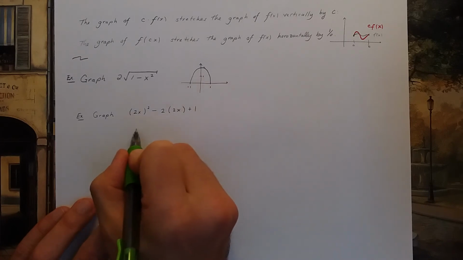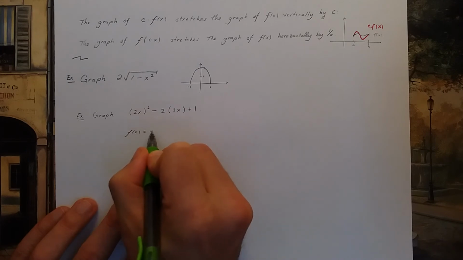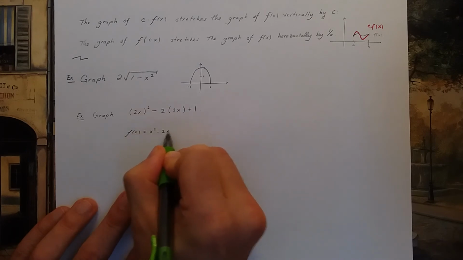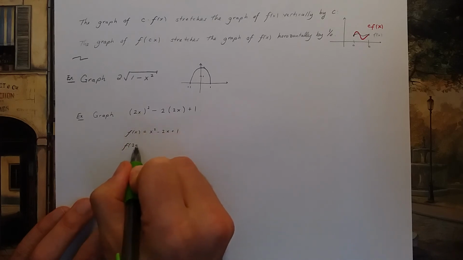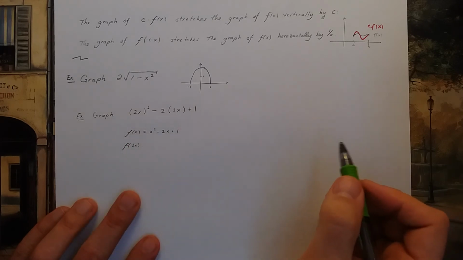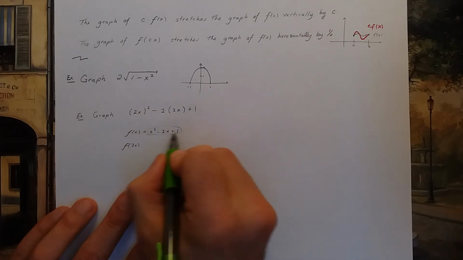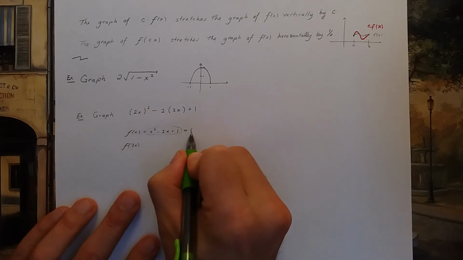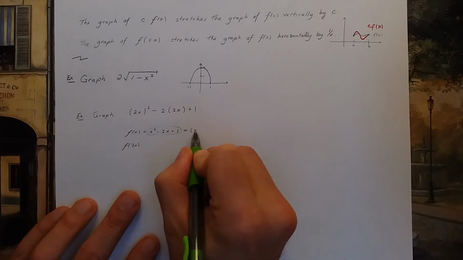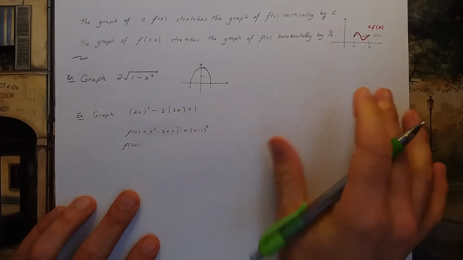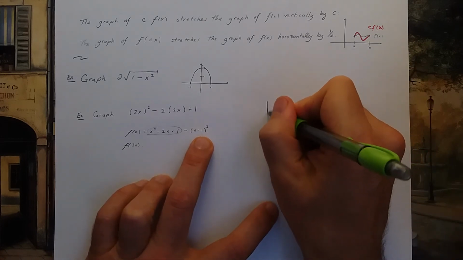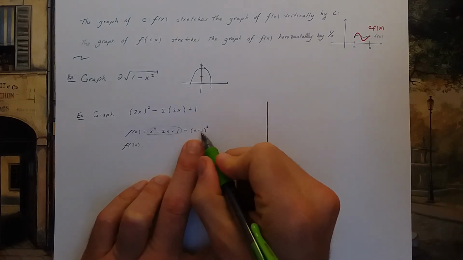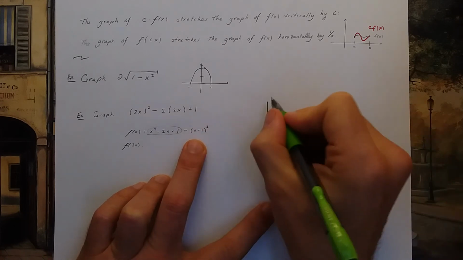What I'm doing here is I'm taking the function f of x equals x squared minus 2x plus 1, and I'm plugging in f of 2x wherever you see an x. So the base function is what you see circled. This is the function (x minus 1) squared. So that's my basic shape: a parabola that's shifted over to the right by 1.